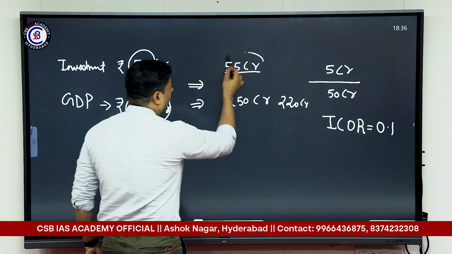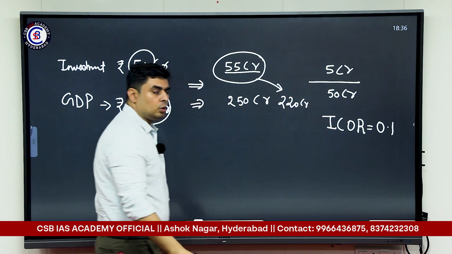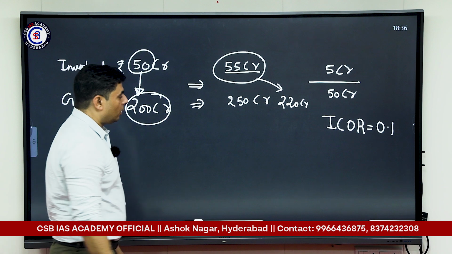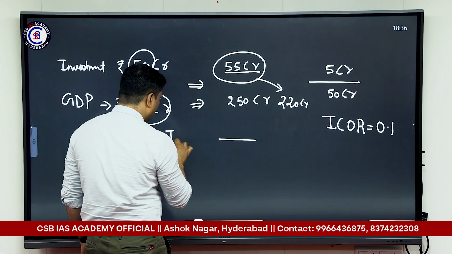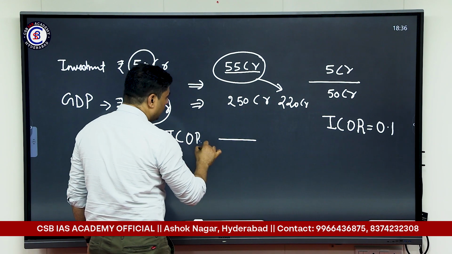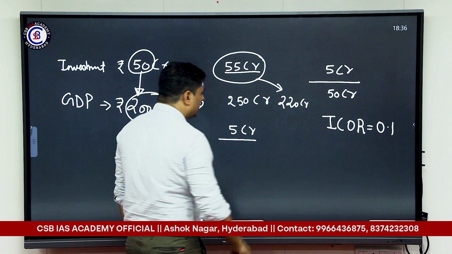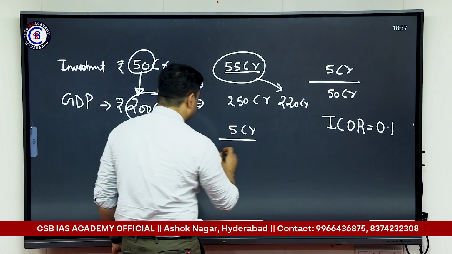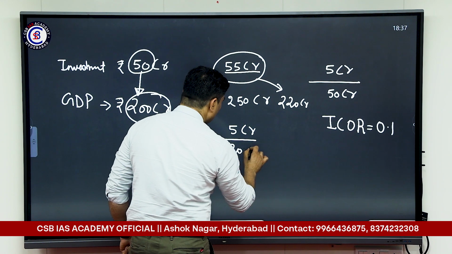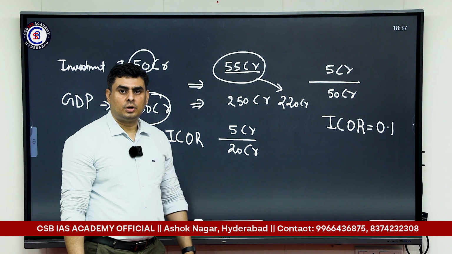But when you went to 55 crore, the GDP is 220 crore. Now this time, if you calculate ICOR, the change in investment is 5 crore, but the change in the GDP is 20 crore.